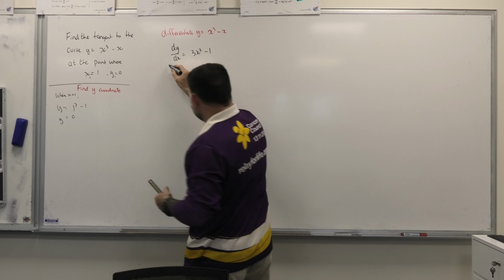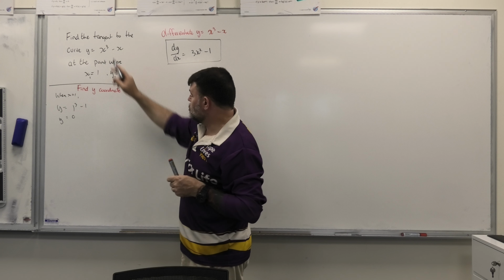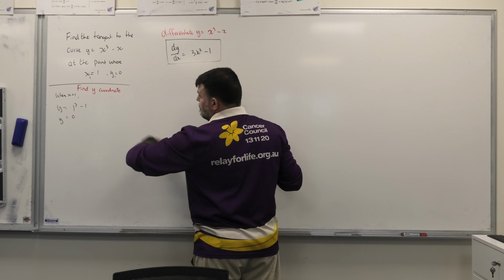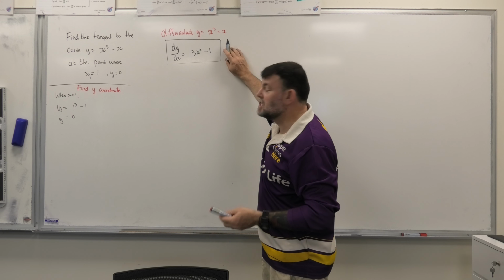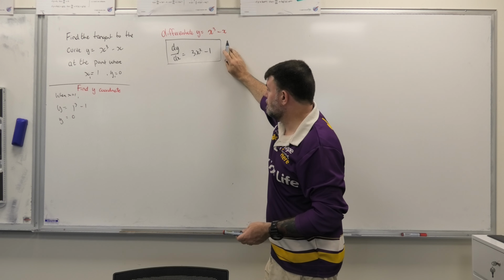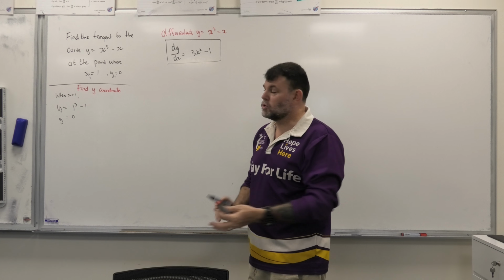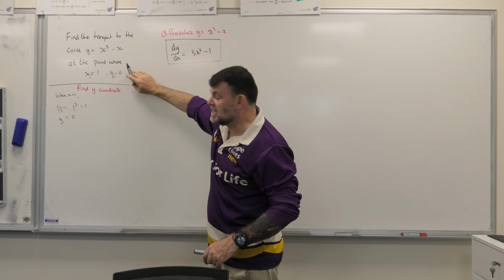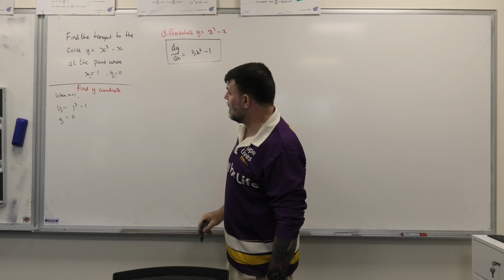And this here is the gradient. So if we're looking at the curve x cubed minus x, this is the general gradient of that curve. We now want to work out, what is it at that exact point? Because we're trying to find the equation of the tangent when it touches the curve at x equals 1.